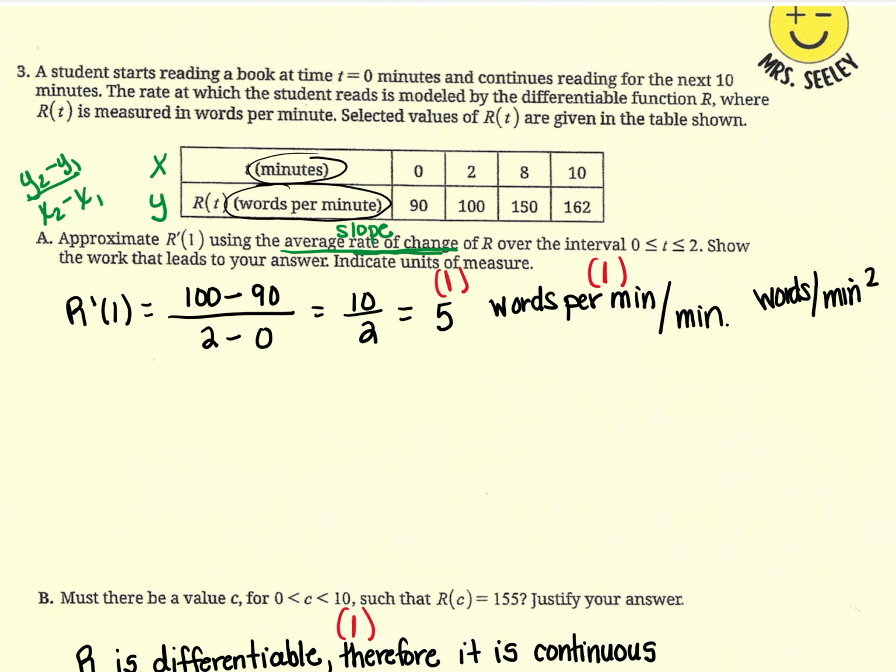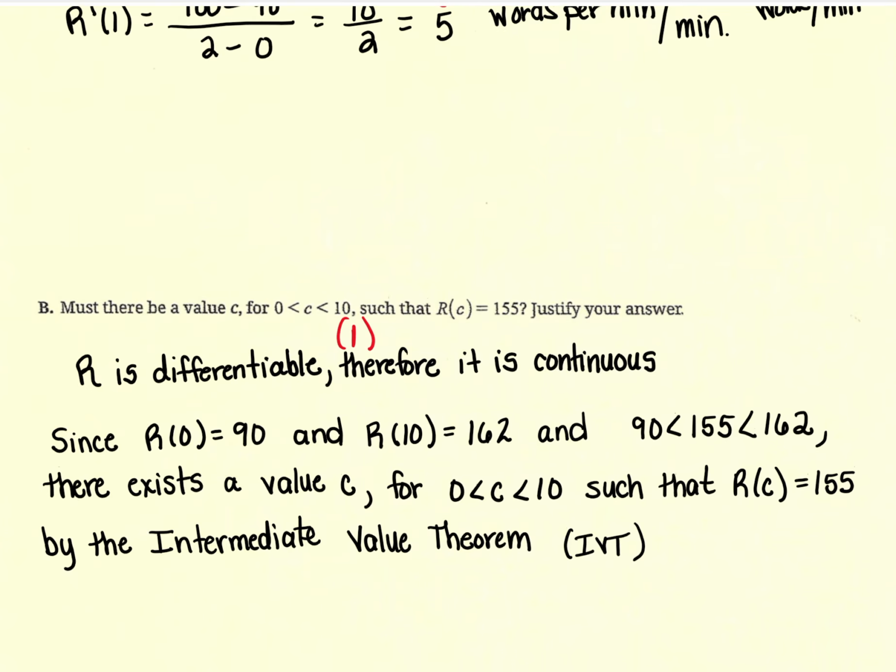If time is continuous, which it is, and we need that, like I said, as part of the reason to use this theorem, if you go from Monday to Thursday, you know you're going to pass through Tuesday and Wednesday. So therefore, I know if I'm continuous and I'm going from 90 to 162, I'm surely going to pass through 155. That's the simple way of thinking about it.